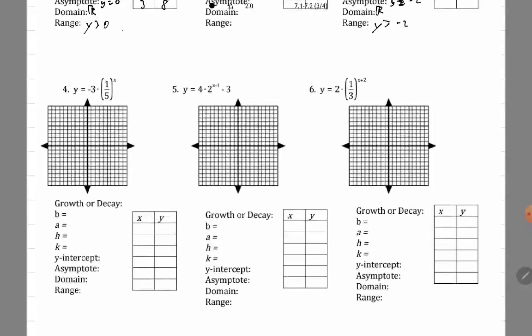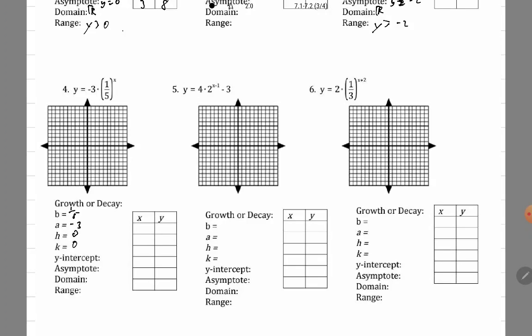Alright, number 4. -3 times 1/5 to the x. So label all your correct things. This is 1/5. A value is -3. H value is 0. And K value is 0. Okay.